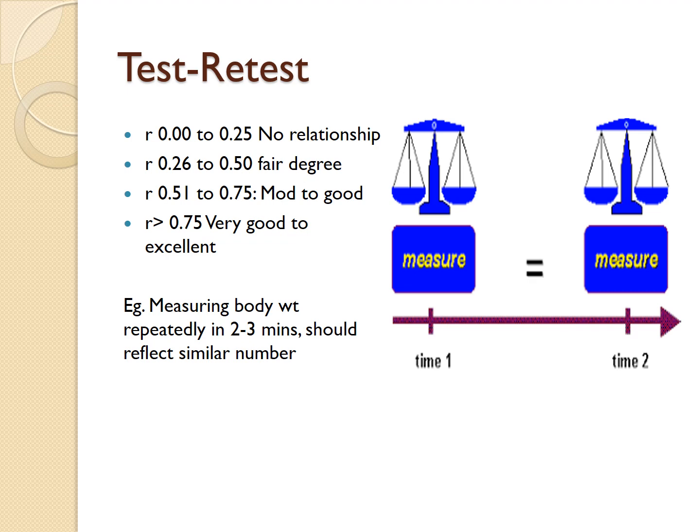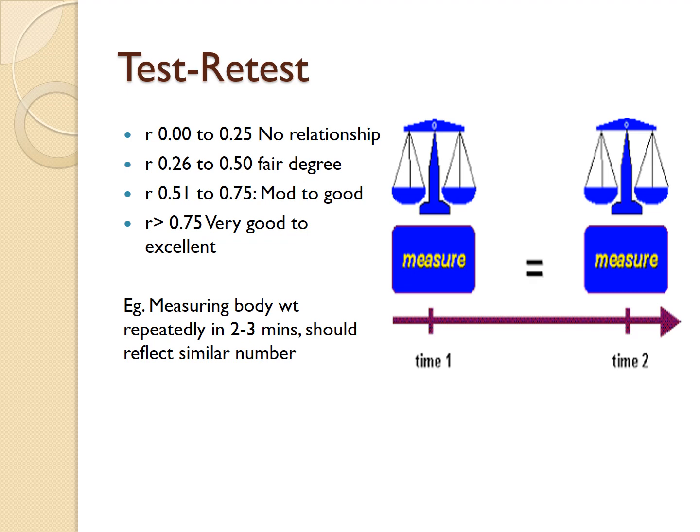The third is test-retest reliability. Here, what it means is you do a measurement at first, and then after some time, you do another test on the same person for the same thing.